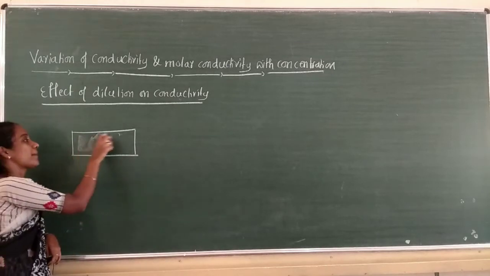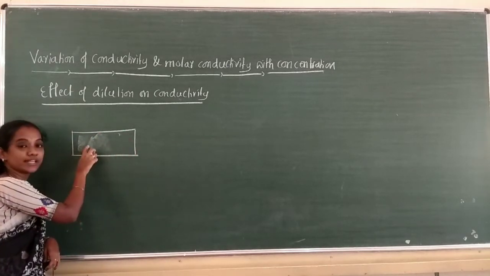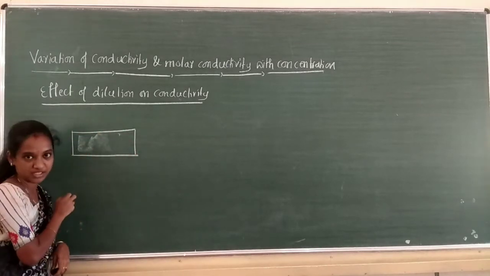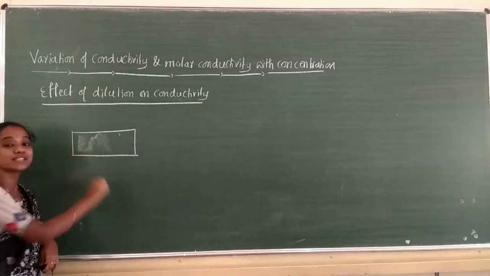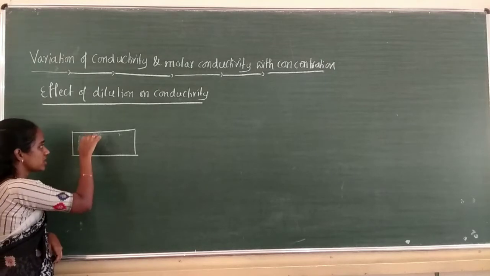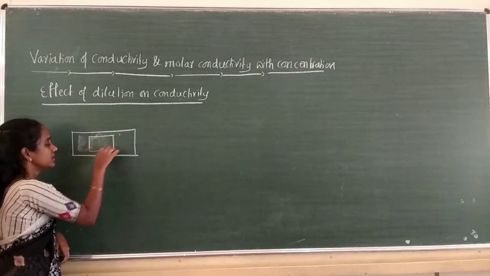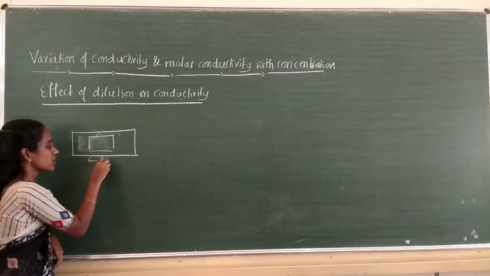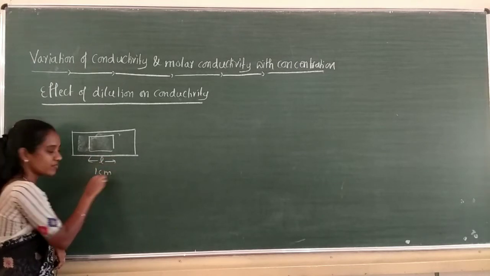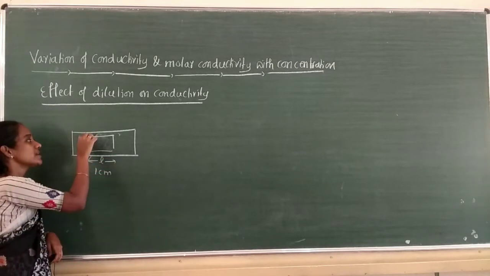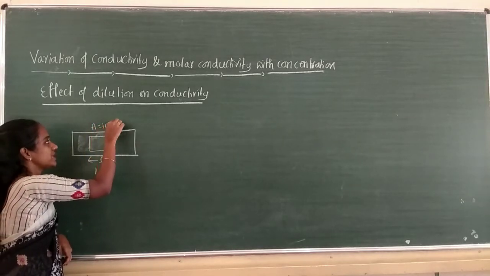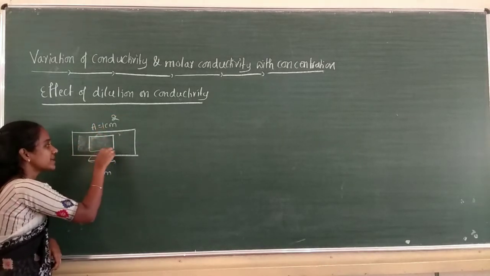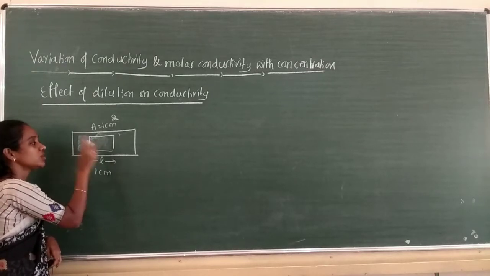The capacity of this solution to conduct electricity is nothing but conductance. If you say conductivity, you have to consider the region where the length of the solution is, let it be, 1 centimeter, and the area of cross section is 1 centimeter square.